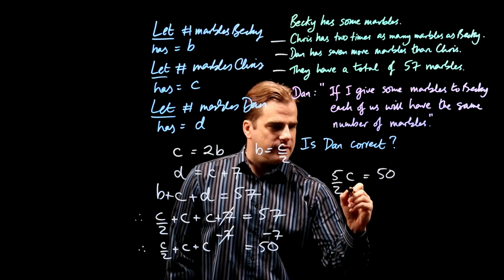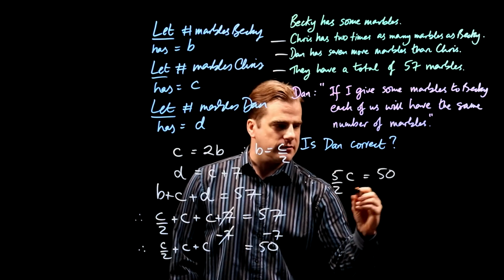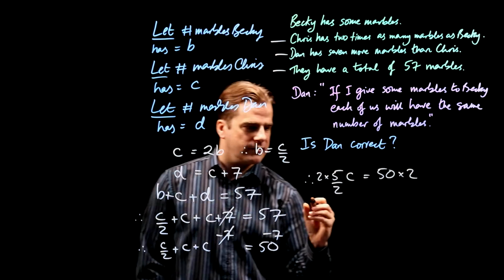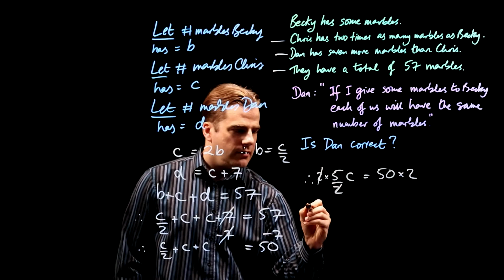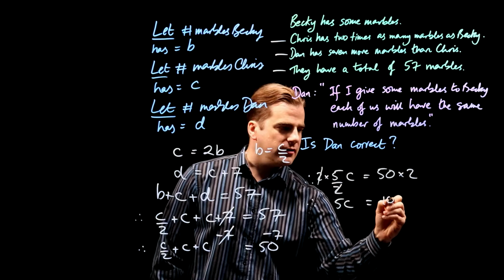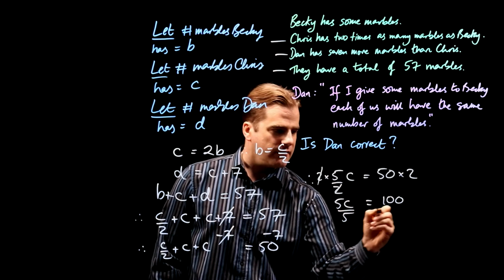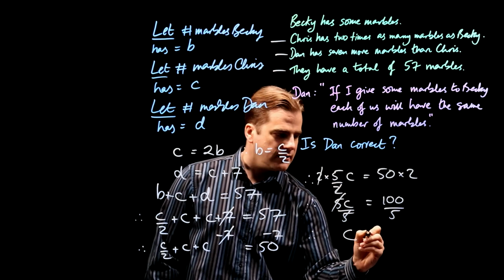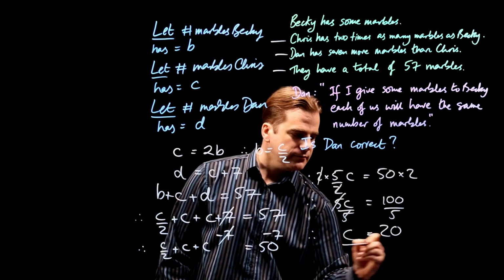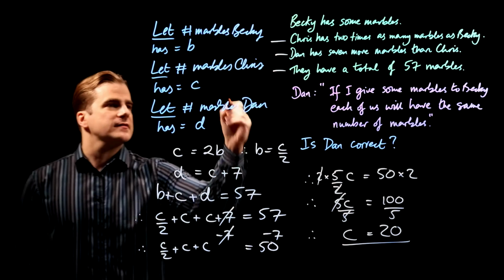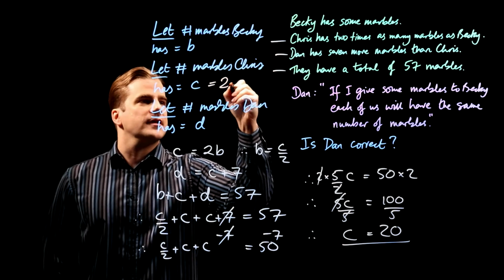Multiply both sides by 2. 2 times that, 2 times that. Boom, boom. Therefore, 5C equals 100. Divide both sides by 5. Boom, boom. Therefore, C equals 20. Okay, so Chris has 20 marbles. C is 20.